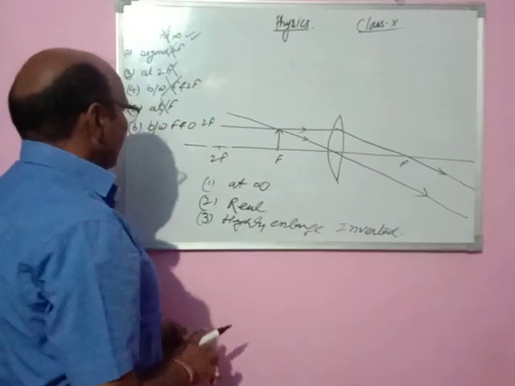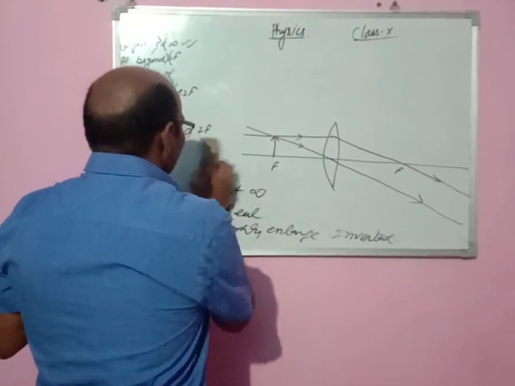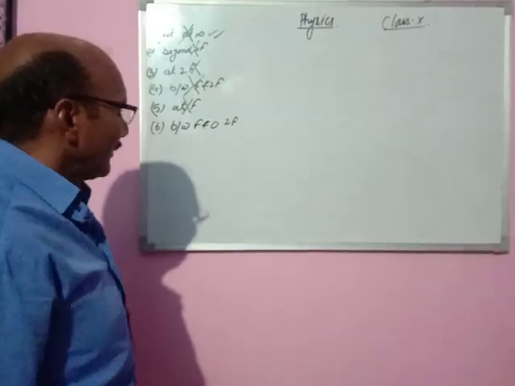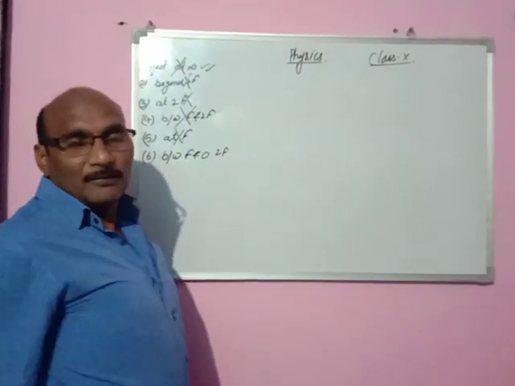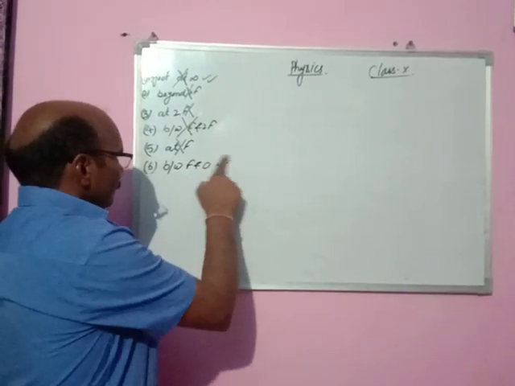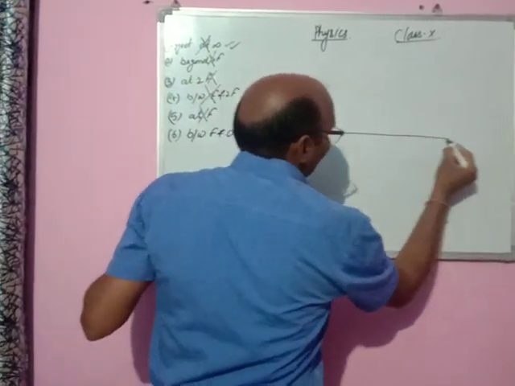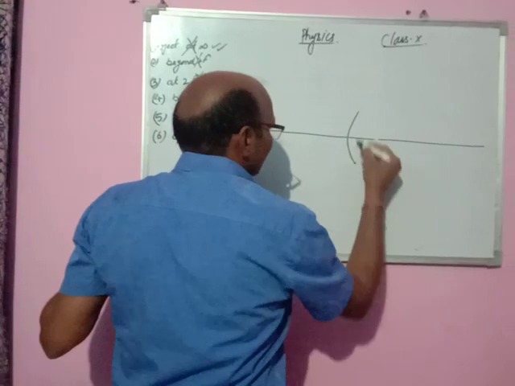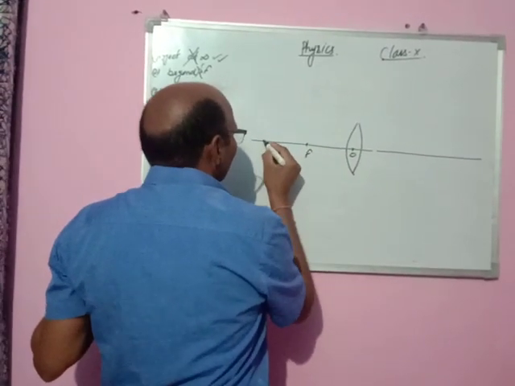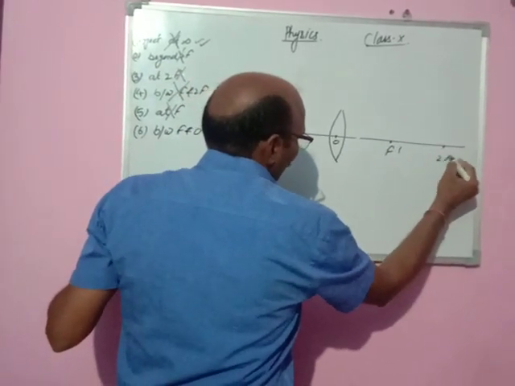Now last point, when object is between F and O. Okay, last point, when object is kept between F and O. Now this is convex lens, this is O, this is F, this is 2F, this is F dash, this is 2F dash.